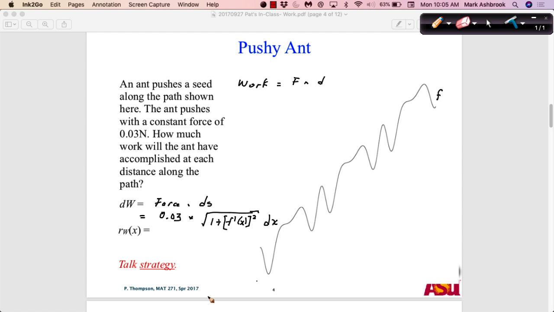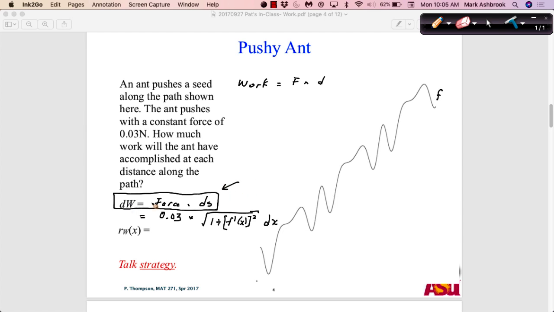So what is the rate of change of work? Coming back to this, if dW equals force times ds, what's the rate of change of work along the path? Does that look familiar? dW equals something times ds. Rate of change would be then? Force, right?